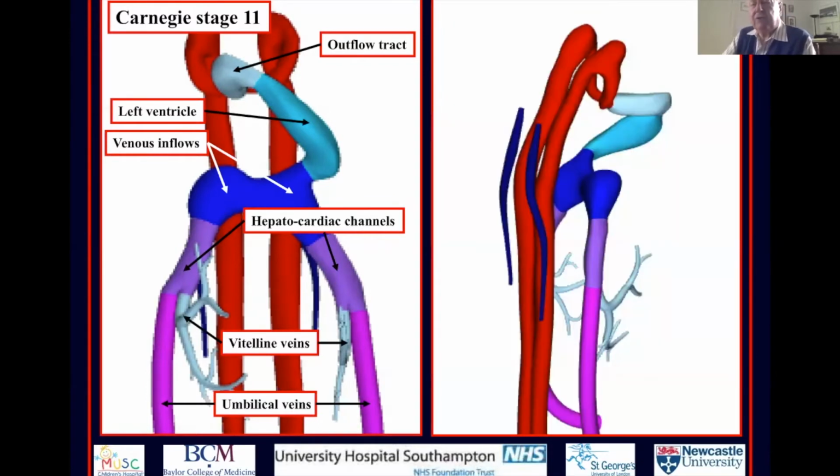But if I now turn the same embryo and we look at it from behind, we can begin to see the third crucial venous plexus, because now we see the cardinal veins. And the cardinal veins are bringing the blood back from the head end, tail end of the developing embryo. As yet, however, they still have no direct connection to the venous inflows.